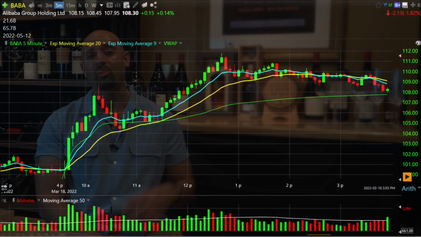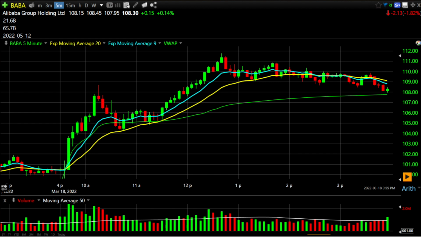So let's take a look at Friday. We did some VWAP bounce trades on these Chinese stocks that worked picture perfectly. There's a handful of things to notice on these charts. If you look at BABA, first of all, it's a very oversold stock that recently had news.